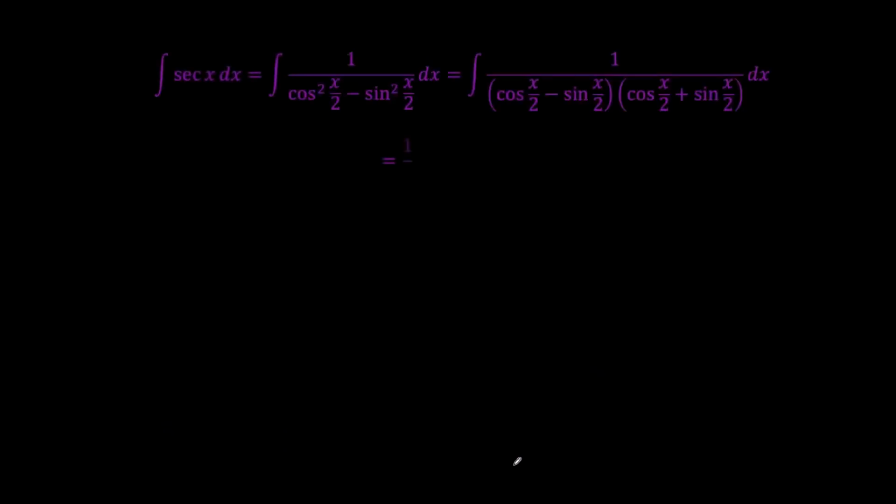Now, the interesting thing is, since this is the difference of two squares, this is the same as cosine x/2 minus sine x/2 times cosine x/2 plus sine x/2. And so we can also add a constant half here so that we keep constant 2 in the numerator.